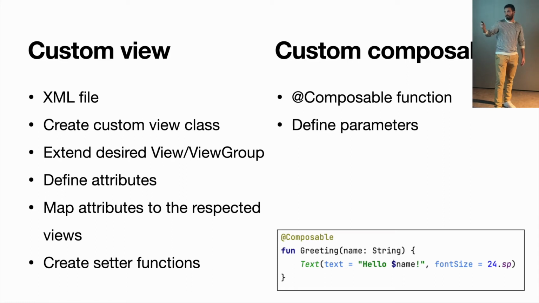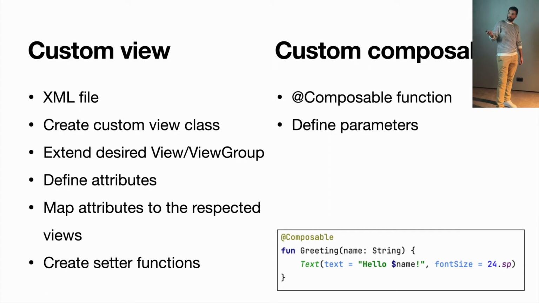I mean, this is a really simple example, maybe not the best, but in case you want to create some custom text view that always attaches the hello string in front of your value, the name or whatever you want to pass, just think about how much code you would need for the custom view for simple things like this, and we achieve this in 4 lines of code, where one is the annotation and the other is column.